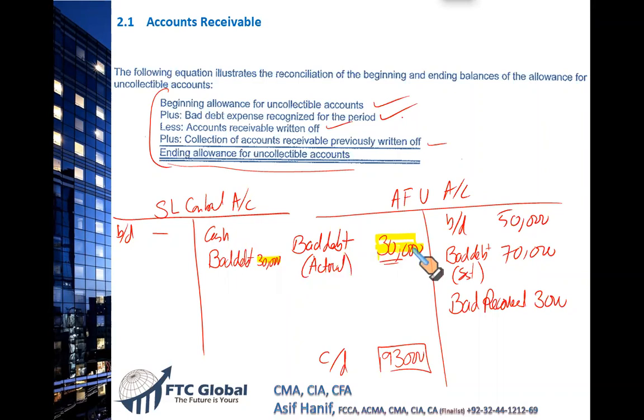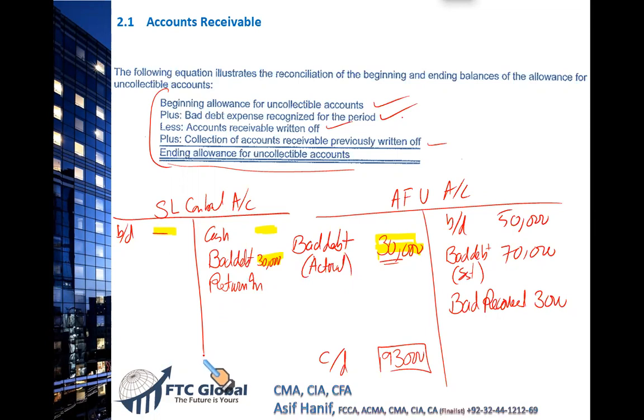Actual bad debt appears on the debit side of the allowance, and the actual bad debt appears on the credit side of your sales ledger control account, total customers account, debtor ledger control account, or whatever you want to call it. This is the summary of all your customers' details in a single account. All the customers' opening balance, all the cash collected from customers, all the bad debts related to your customers, all the return inwards by your customers, I'm going to write just return in.